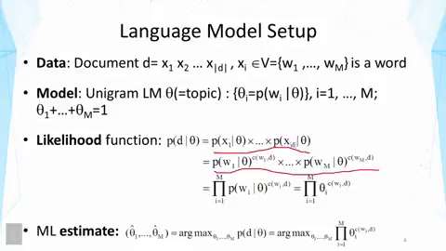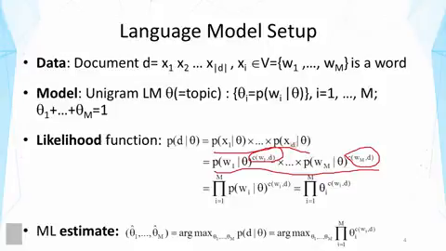Now when we do this transformation, we then would need to introduce a count function here. This denotes the count of word 1 in the document. And similarly, this is the count of word m in the document, because these words might have repeated occurrences. You can also see if a word did not occur in the document, it would have a 0 count, and therefore that corresponding term would disappear.